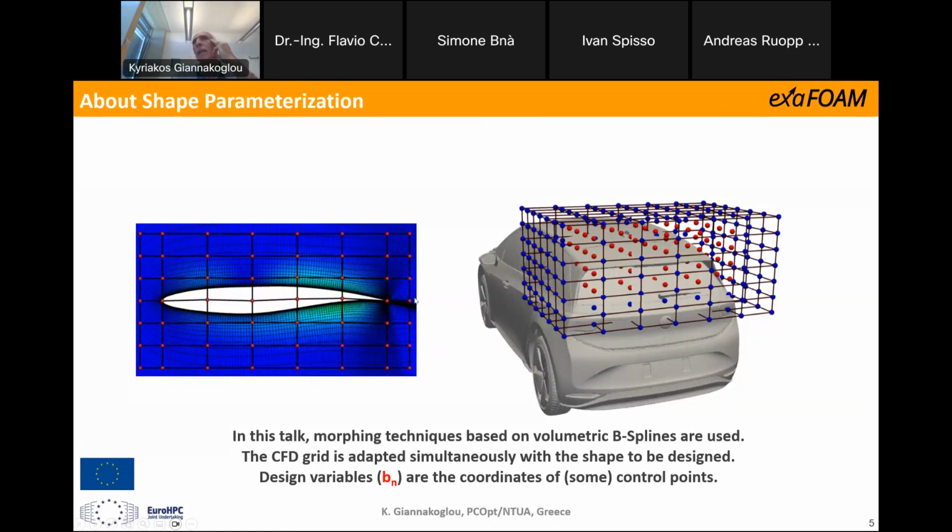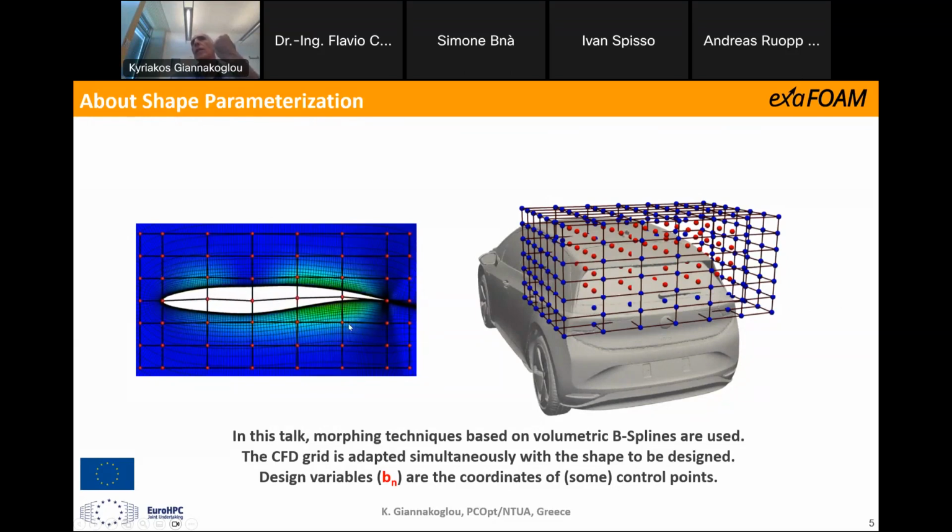The lattice, as you see here on the left for 2-dimensional cases, on the right for 3-dimensional cases, introduces some control points, and whenever we are moving these control points, we are practically moving simultaneously both the shape to be optimized and also the surrounding grid.